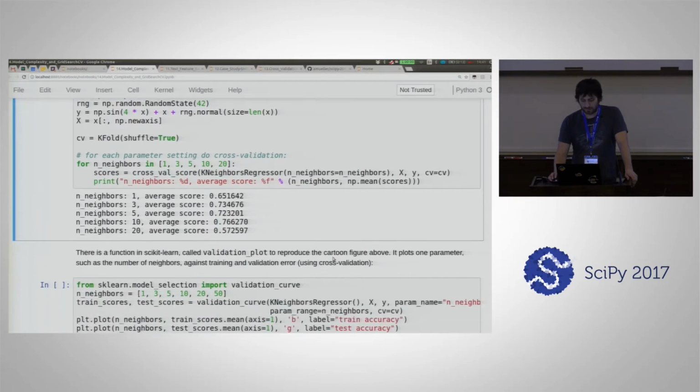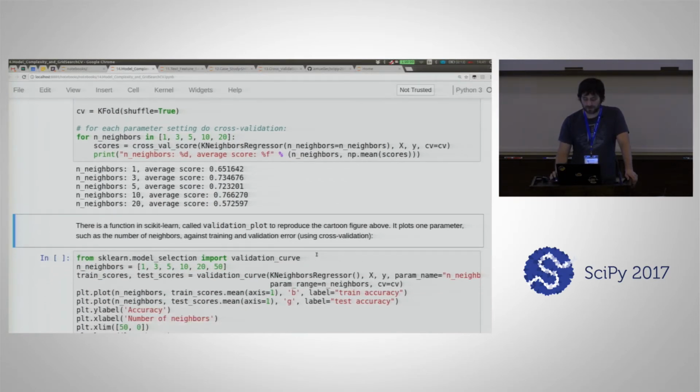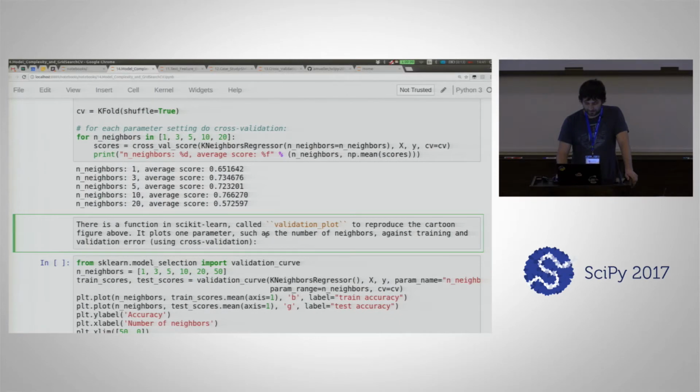All right. There's also a function that can help you to visualize this a little bit better, which is the validation curve.